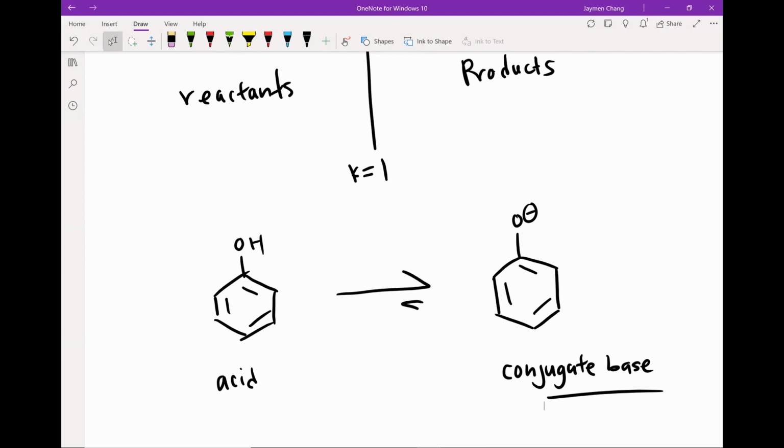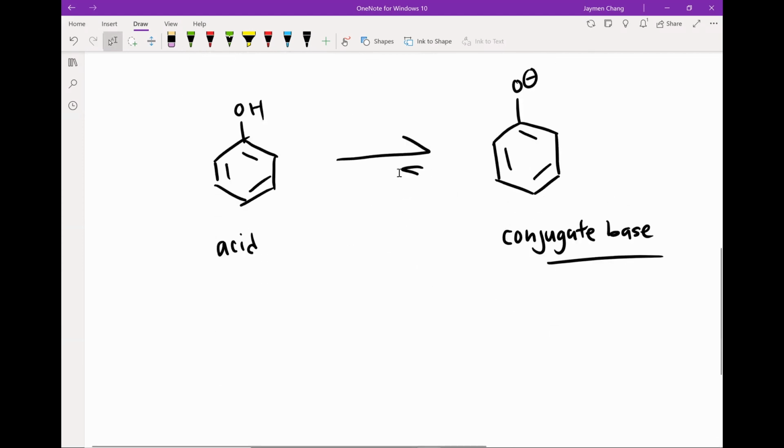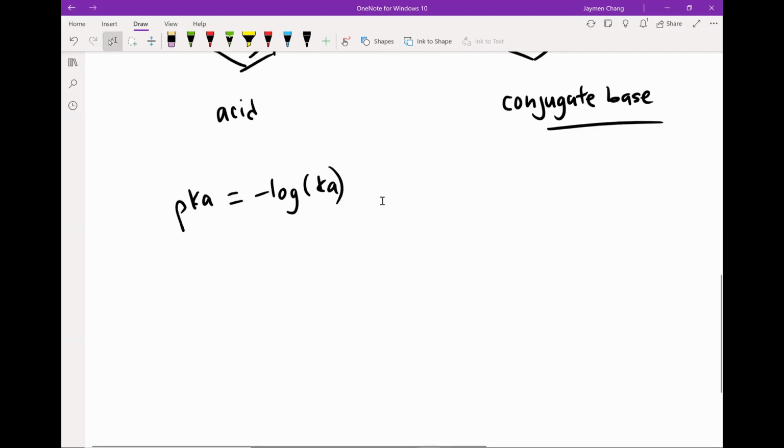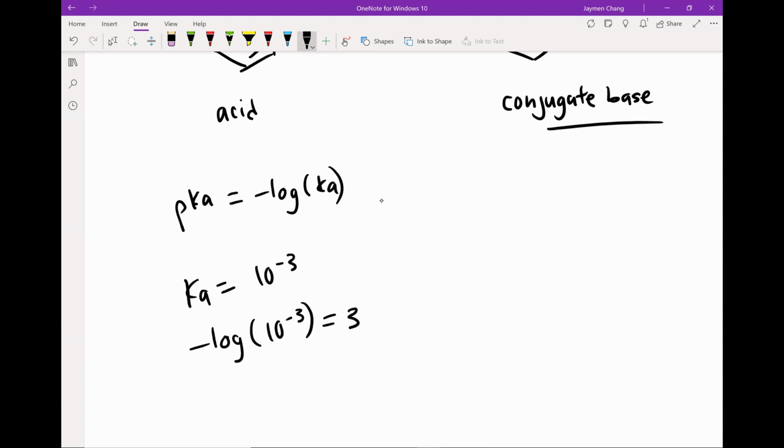What we want to see is that for pKa, there is an inverse relationship. pKa is basically the negative log of Ka. So for example, if we had a Ka value of 10 to the negative 3, when we take the negative log of 10 to the negative 3, this is going to equal 3.